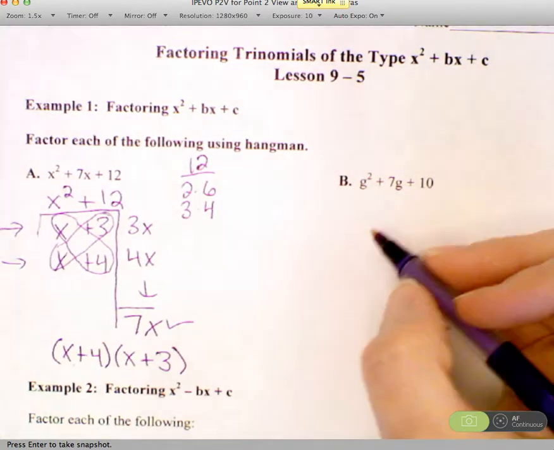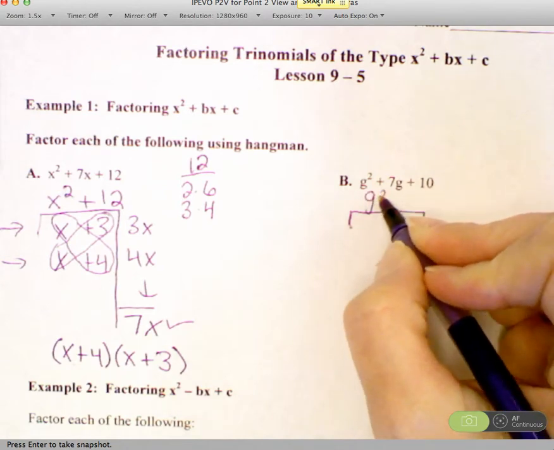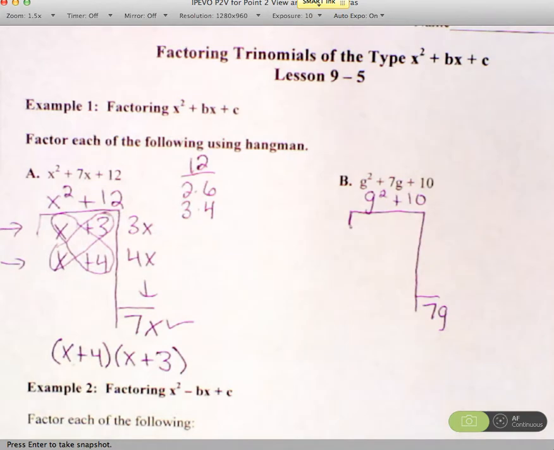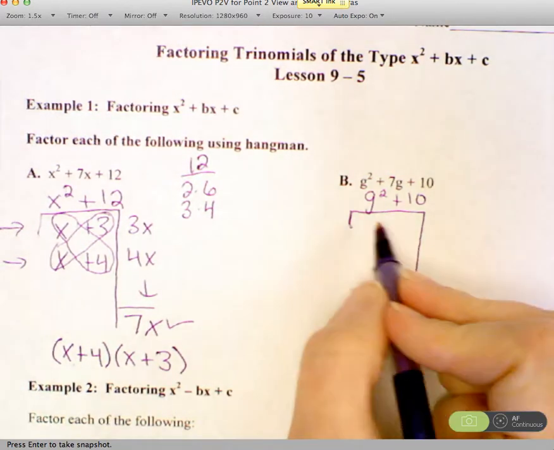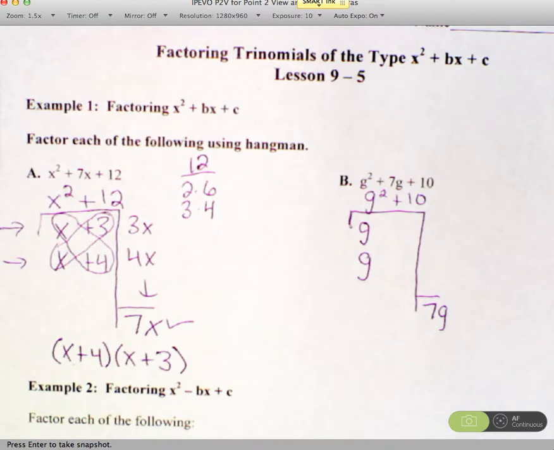On letter B, let's set up our hangman. We have g squared plus 10 on top, and then we have 7g on the bottom. So we need to break down those factors. g squared takes g times g. Again, we want to think about the factors of 10 that might help us. 2 and 5 are the ones that will give us that 7g.